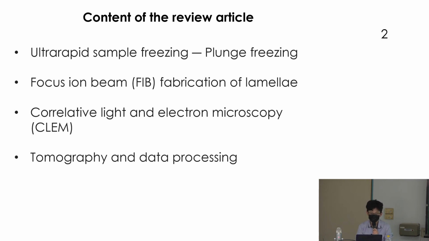And then you will describe how to use the fluorescence-labeled protein as a marker to guide the sample preparation as well as the data processing. And in the end, I will also give you 2 or 3 slides to briefly talk about how the cryo-ET experiment is conducted and how we process the image.